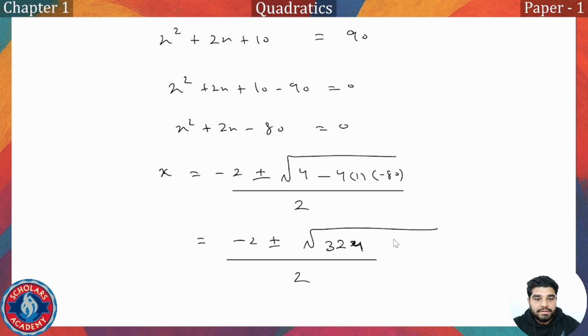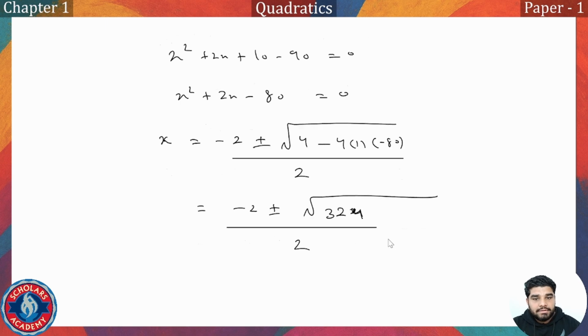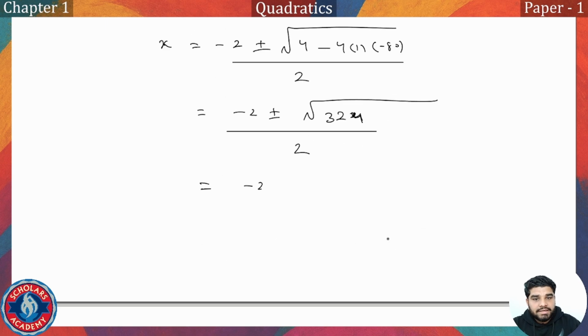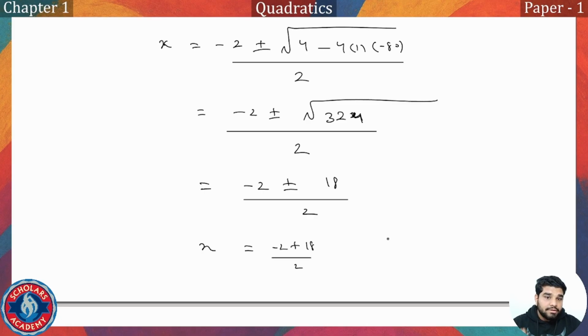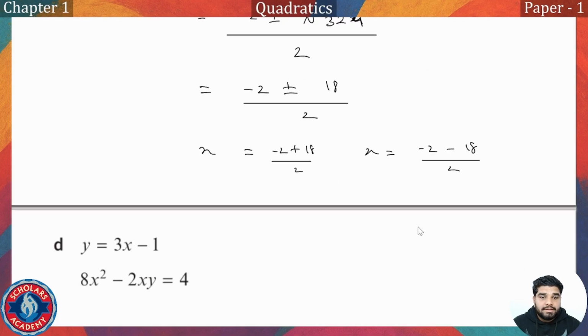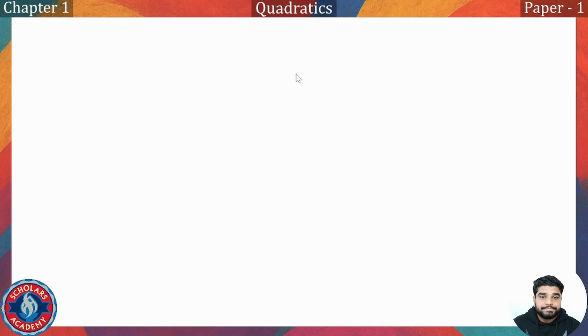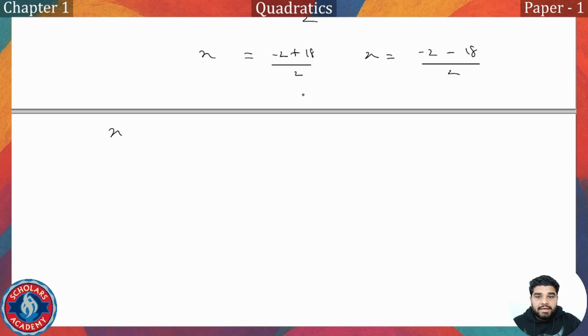So we get x is equal to negative 2 plus minus 18 by 2. That will give us x is either negative 2 plus 18 by 2, or x is equal to negative 2 minus 18 by 2. So from here we get x is equal to 16 by 2, and x is equal to negative 20 by 2.